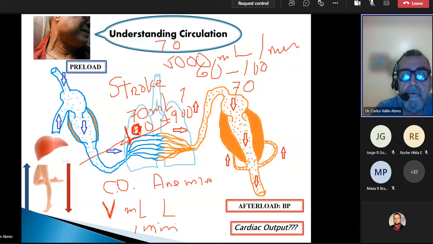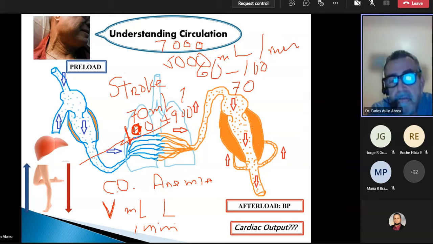7,000. So do you notice how the cardiac output changes depending on your heart rate and the stimulation or the needs of your body? So the cardiac output is variable. And you need to know in which condition the cardiac output is increased and in which condition it is decreased.